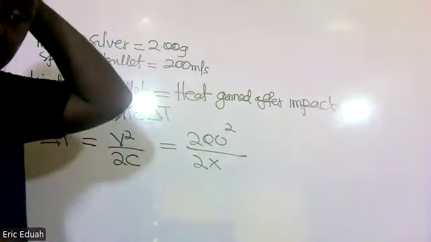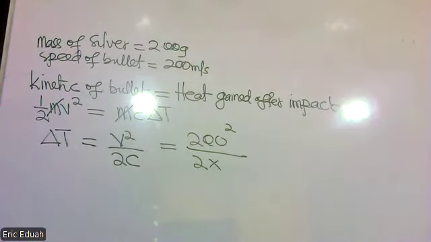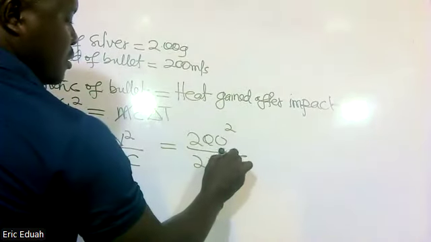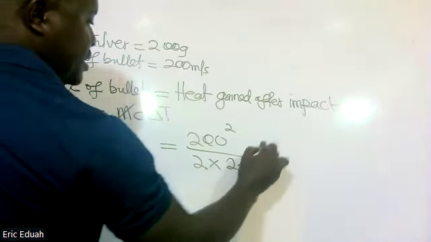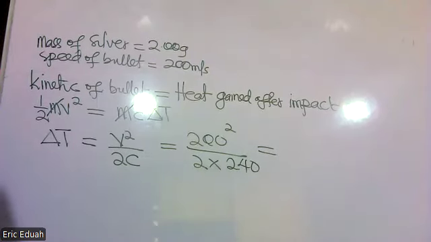And what did I give you as the specific heat capacity of silver? 240 joules per kilogram per Kelvin. So please quickly do the calculation for me.